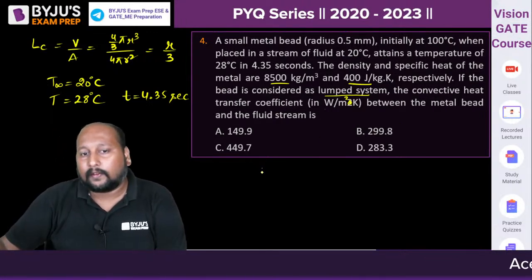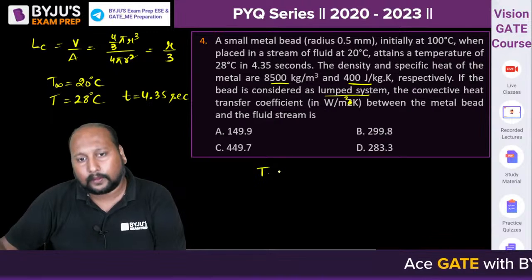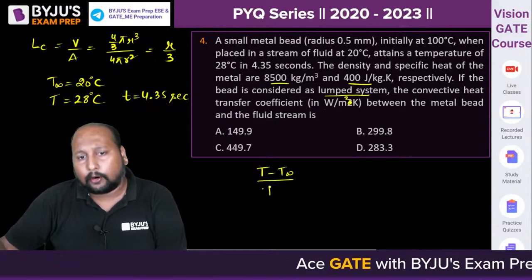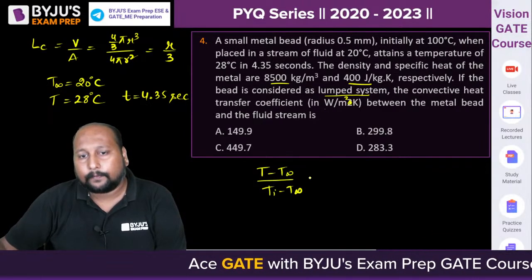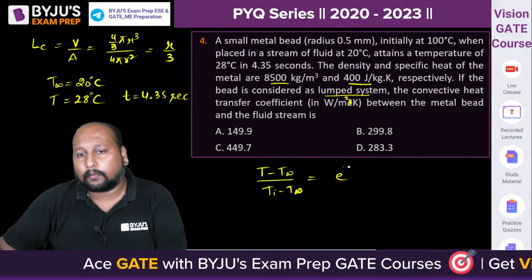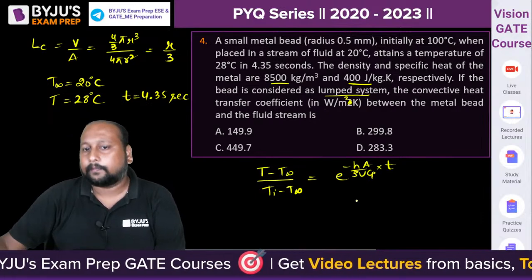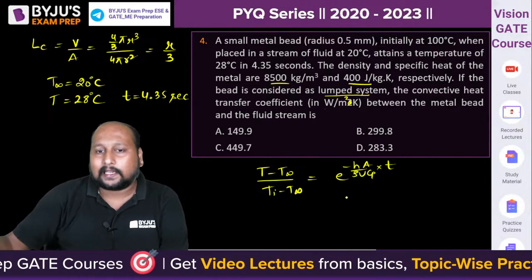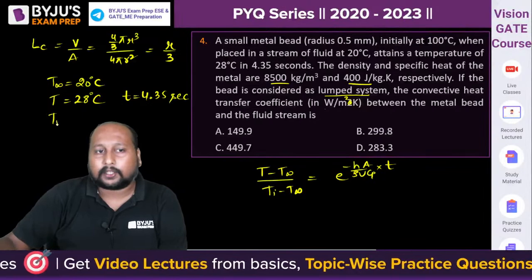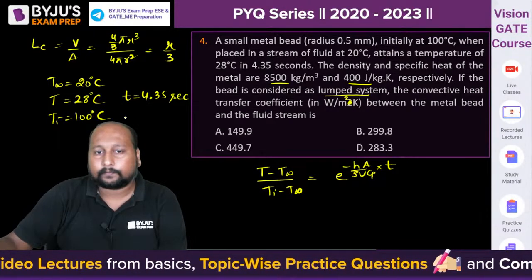Because this is a lumped body, we can directly apply the simple formulation: T minus T infinity upon T initial minus T infinity is equal to e to the power minus hA by rho V Cp into t. V by A is already Lc, so we can write the initial temperature, I think it is given as 100 degrees Celsius.